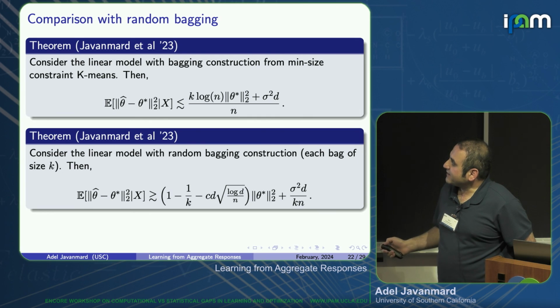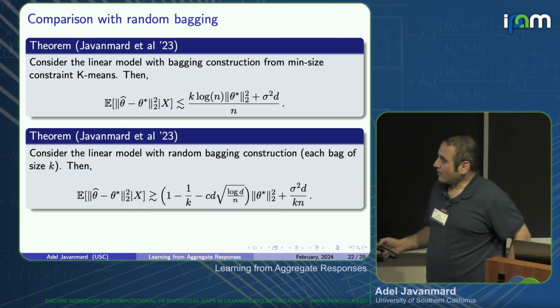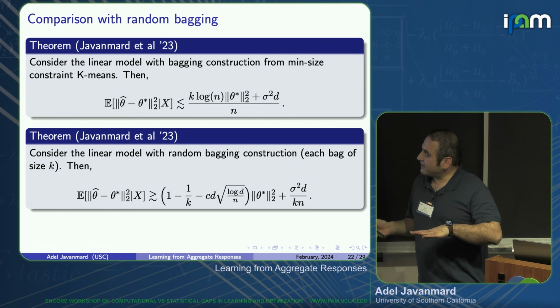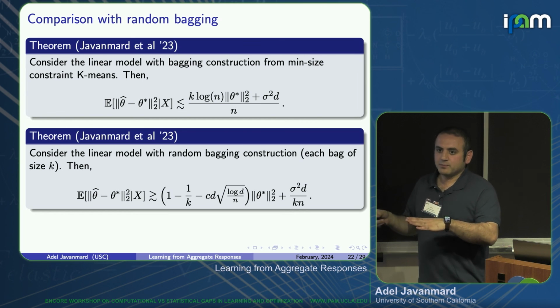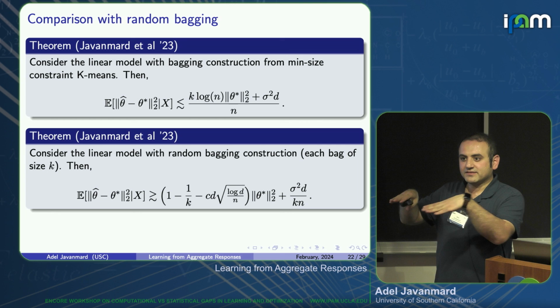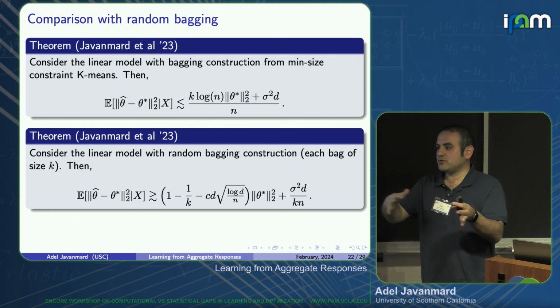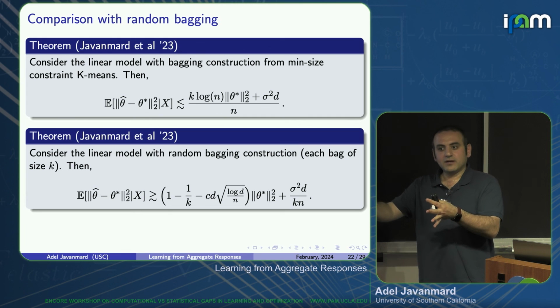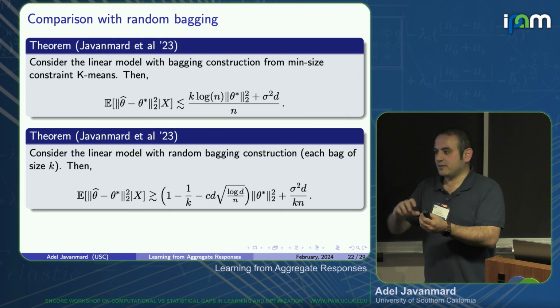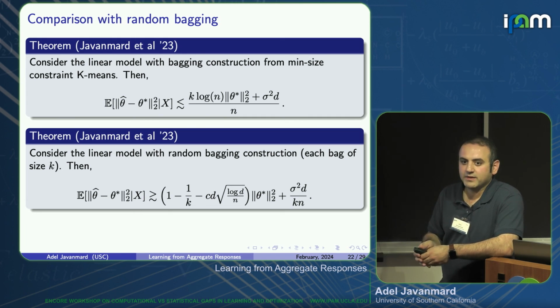You see that the first term is coming from the bias. It gets worse with the size of the bag. The second term is the variance. But the interesting thing is that as you increase the number of samples, both of these terms, the bias and variance, are going down, because you are actively trying to put individuals with the same response together. And this way, you are trying to minimize the bias. The bias was the K-means objective, basically, right?